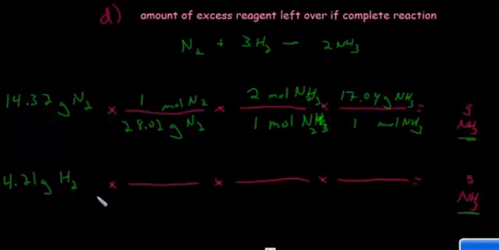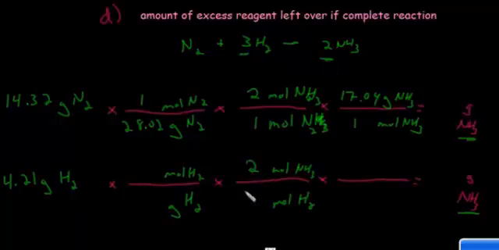And you can do pretty much all of the same things with H2, going grams of H2 into moles of H2, and then the mole ratio of NH3 to H2. We see we have a 2 again as our coefficient in front of NH3 and a 3 in front of the coefficient for H2.